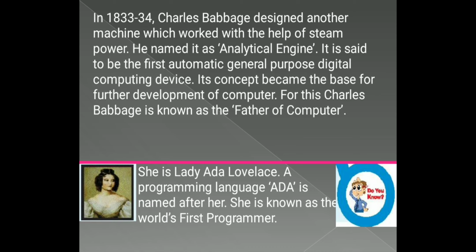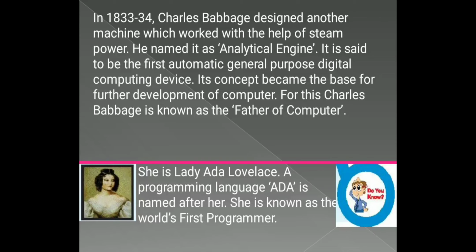For this contribution, Charles Babbage is known as the father of the computer. And Lady Ada Lovelace is also known as the first lady programmer because the programming language Ada is named after her.